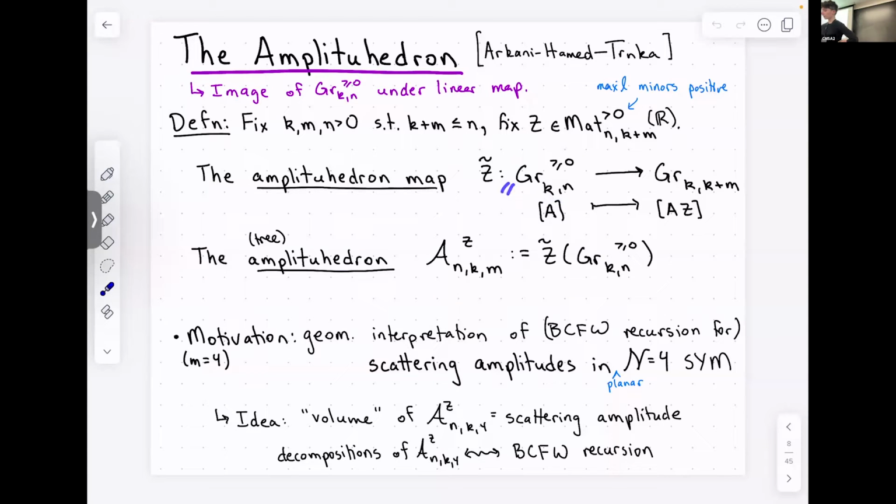The TNN Grassmannian has a very well-behaved decomposition into positroid cells. And so a natural decomposition to look for is one that the amplituhedron inherits from the decomposition of the TNN Grassmannian. Meaning, maybe it's natural to think about decompositions of the amplituhedron into images of positroid cells. And that's what we're going to do.